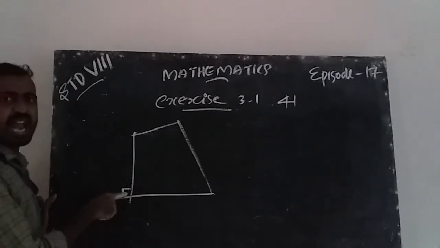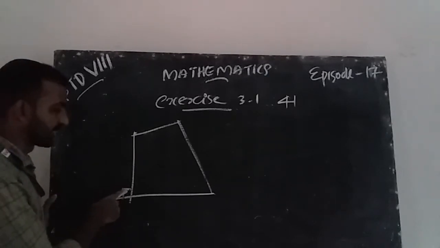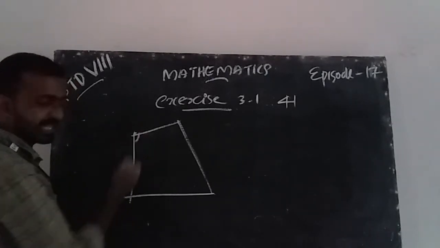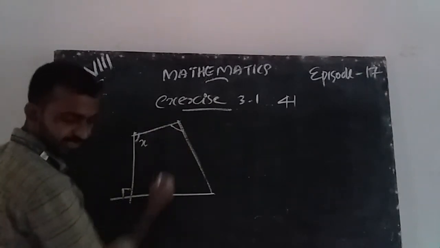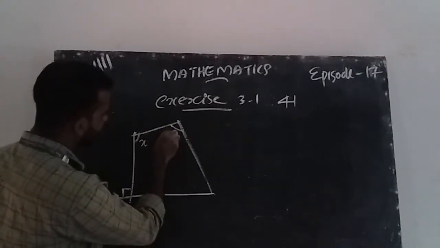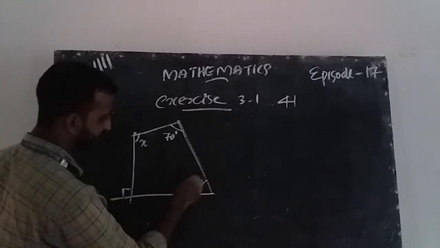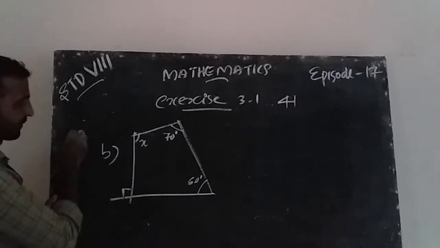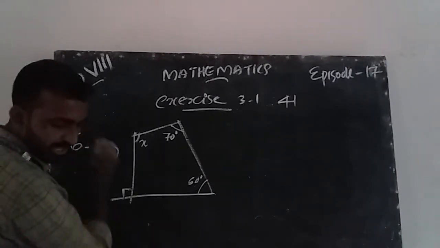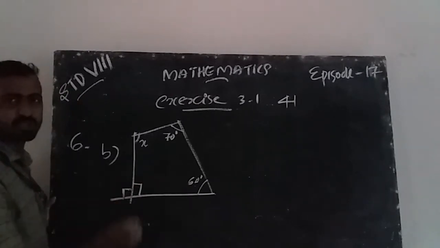this denoted 90 degree. That is perpendicular and right angle. And here is x. Here is 70 degree and here is 60 degree. B part. Here is 90 degree, so we can write here is also 90 degree.